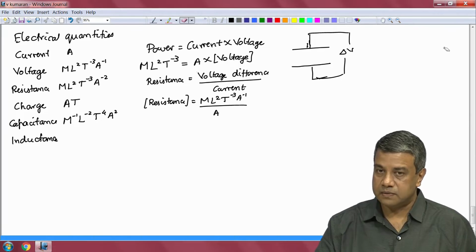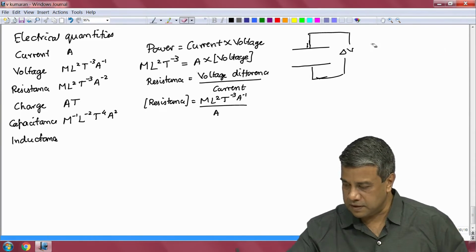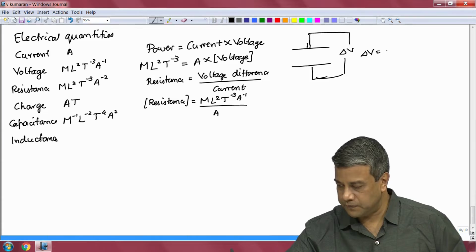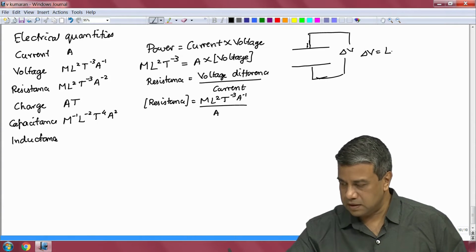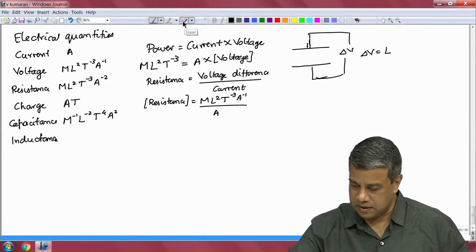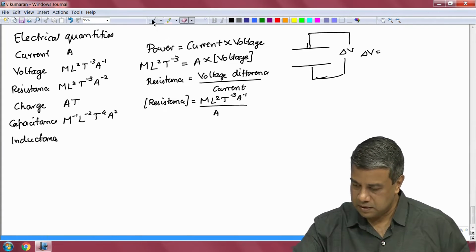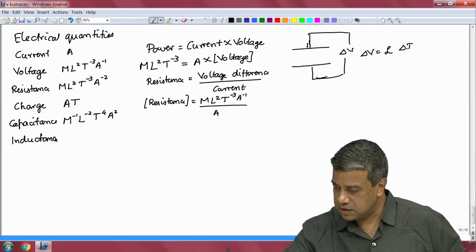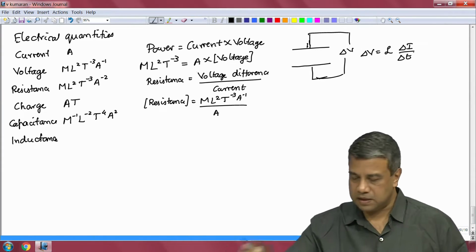If the current varies with time, then the voltage difference for an inductor is delta V equal to the inductance L, so I should not confuse it with length, times the change in current divided by the change in time.